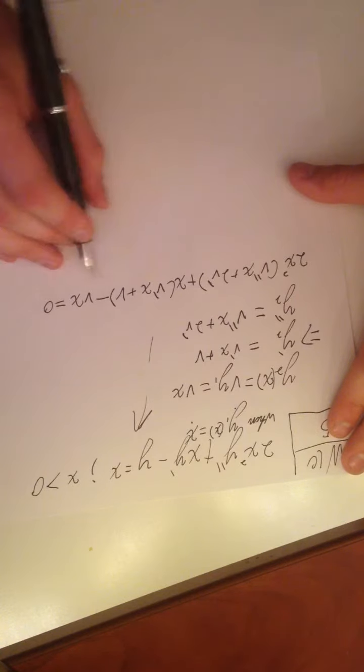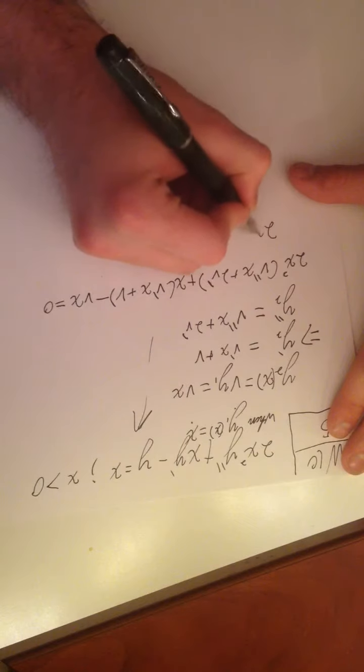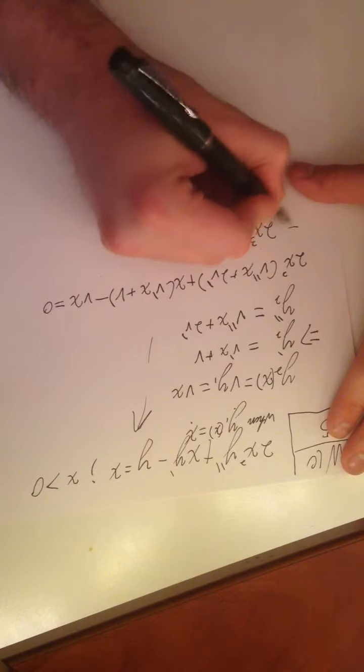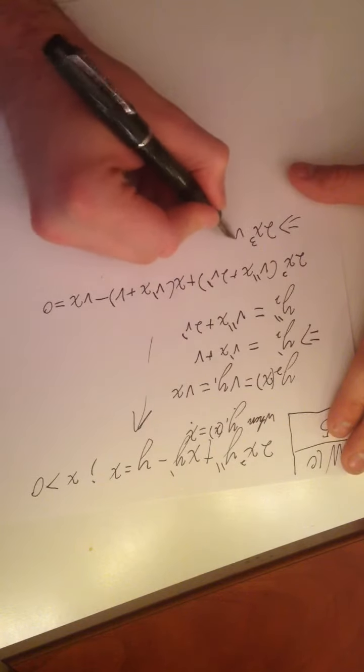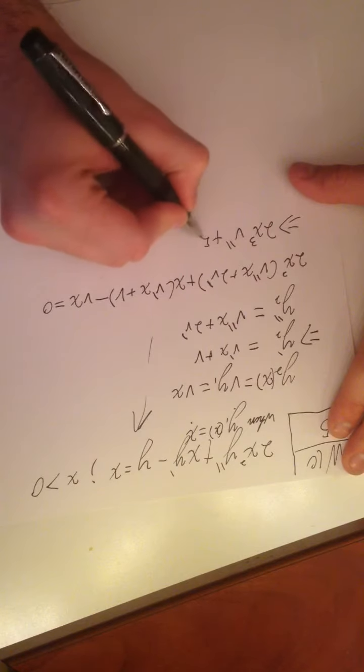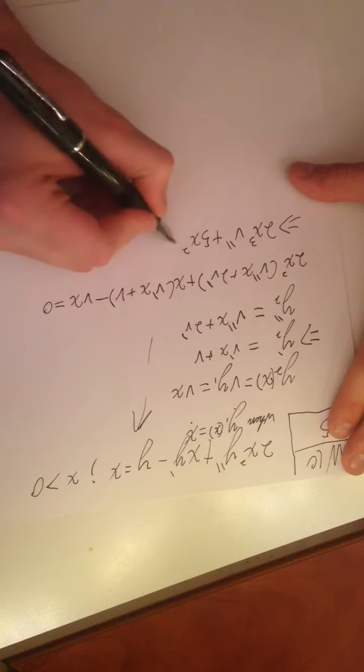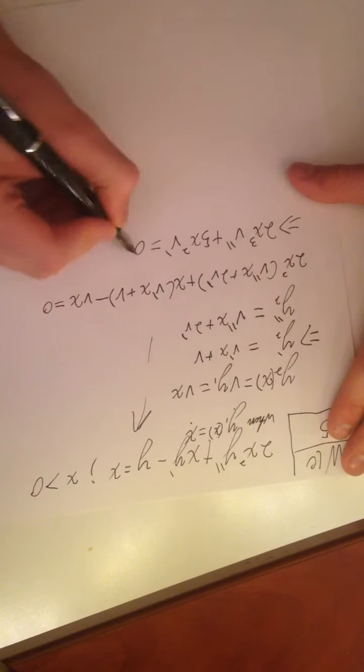So simplifying this out, we get the equation 2x cubed v double prime plus 5x squared v prime is equal to 0.